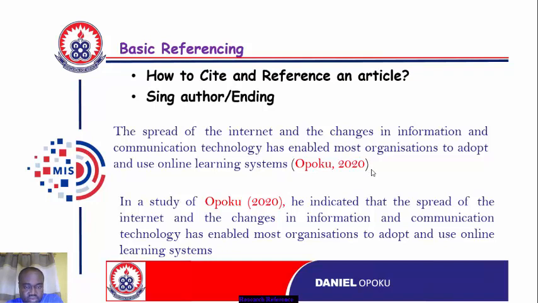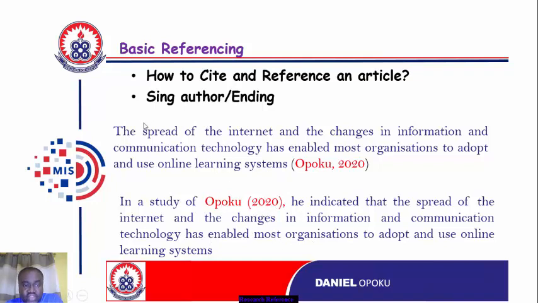Is that okay? Good. Or in another way, you can write it like this. In a study of Opoku 2010, he indicated that the spread of internet and changes in information and communication technology has enabled most organizations to adopt and use online learning system. So you see it's the same, but it depends on how you are going to write a reference or how you're going to start the whole wording.